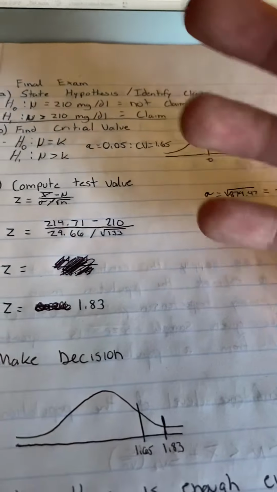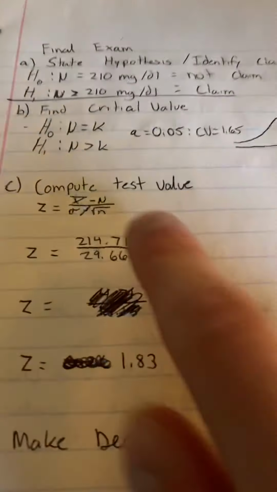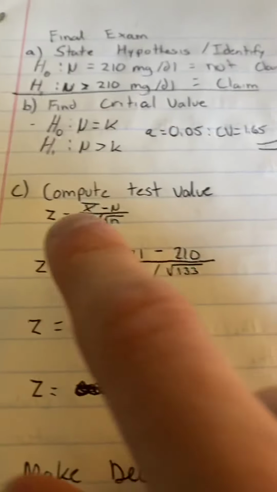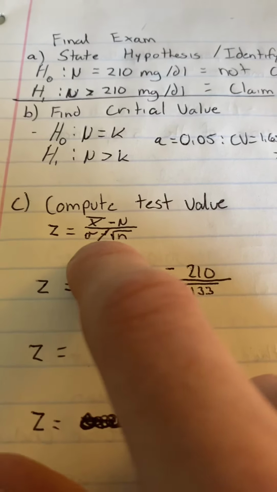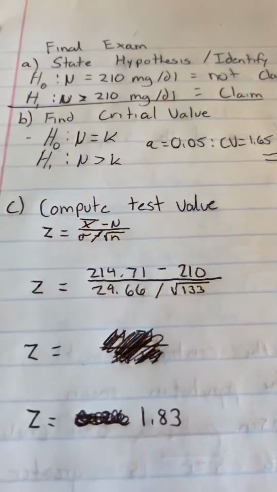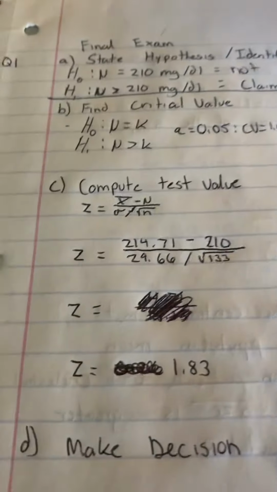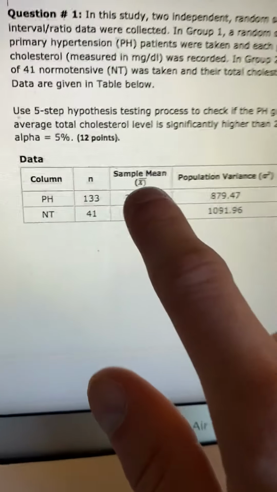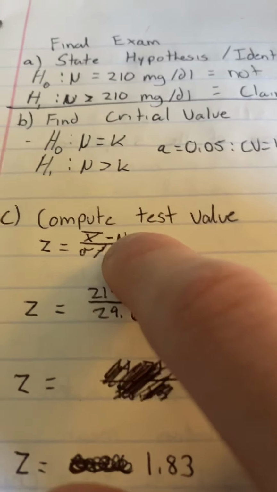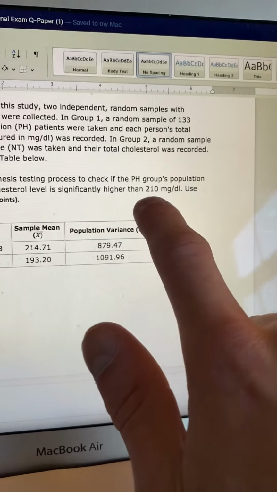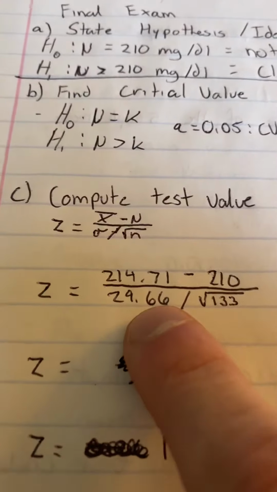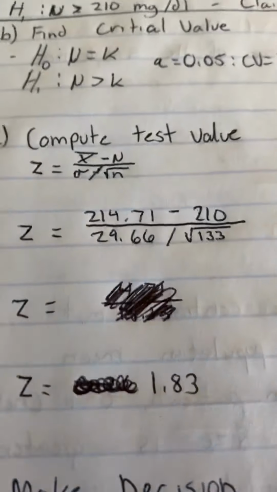After we find our critical value, we have to compute our test value. Using the test value equation, z equals the mean minus mu, divided by the standard deviation, sigma, divided by the square root of our sample size, n. The sample mean for the PH group is 214.71, minus mu, which is 210, the value we're testing against, and 29.66 is our standard deviation.